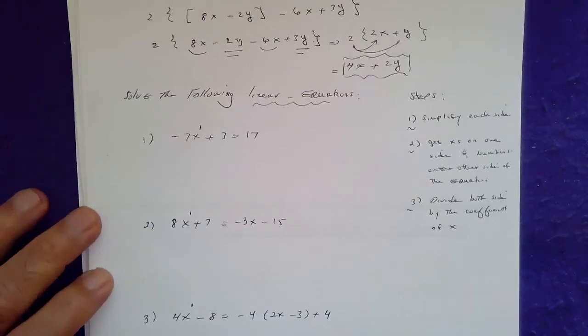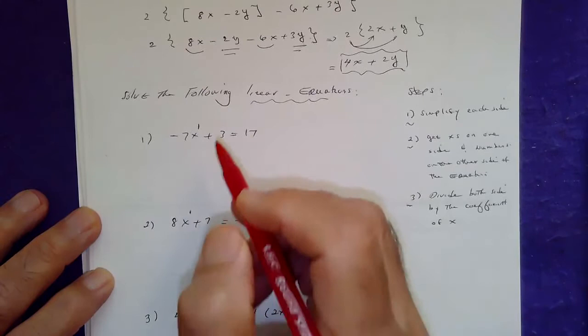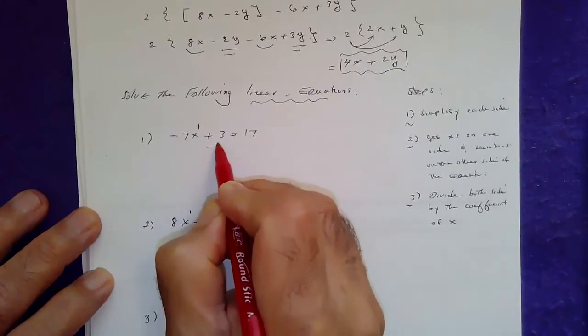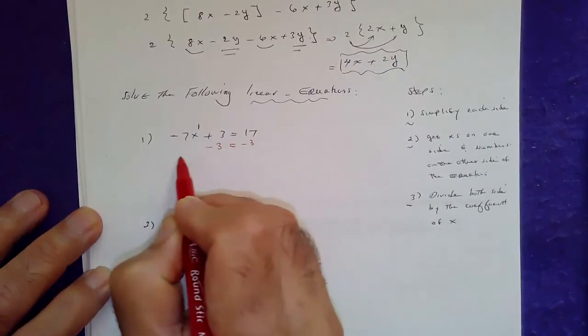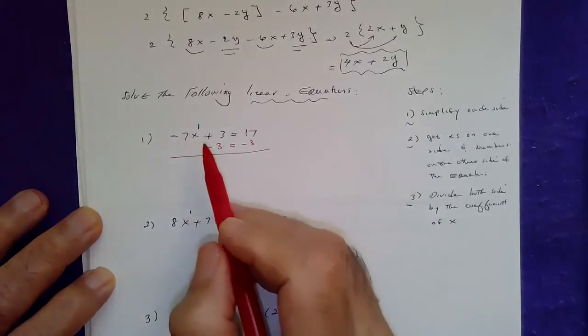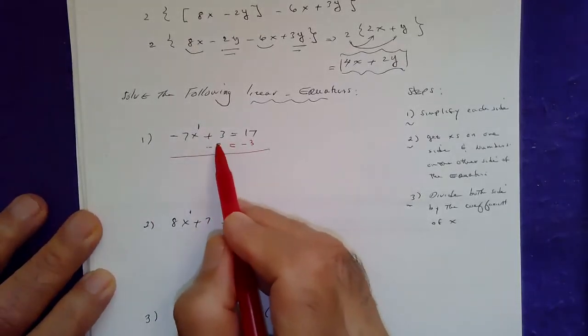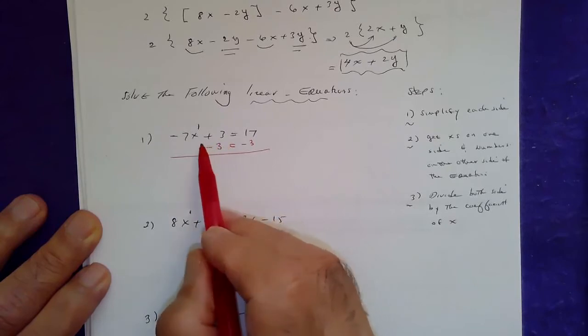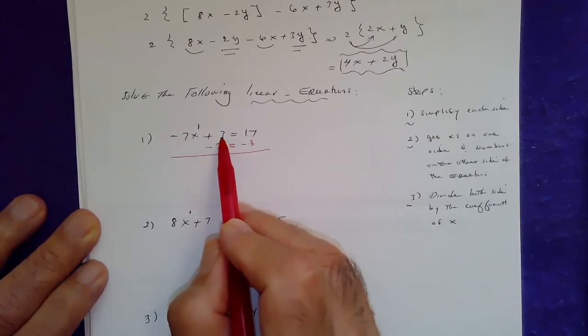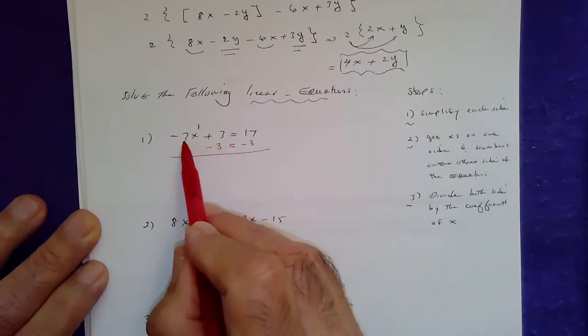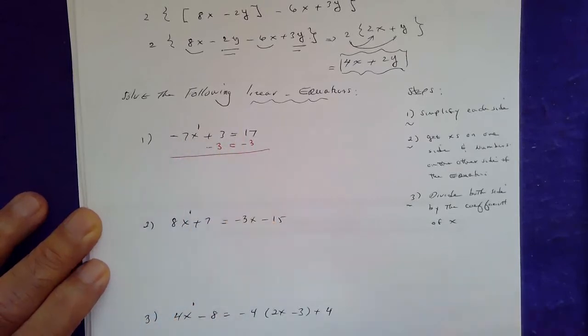So how do you do this? Well, first thing first, as you all know, we get rid of this constant by subtracting 3 from both sides.